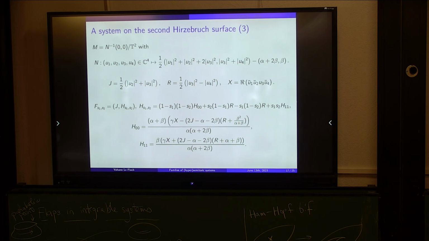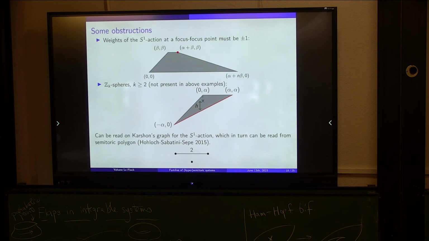So this was nice, but we were, as I explained, much too naive. There are some obstructions to performing this story that I said, like trying to fix the Hamiltonian S1 space and come up with a good one-parameter family of HTs, making a point elliptic, focus, and elliptic again.